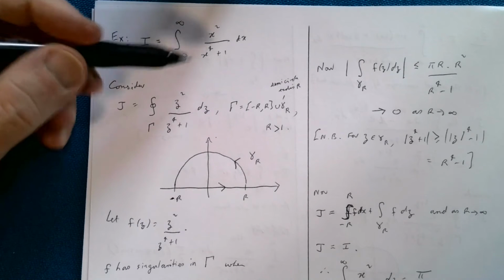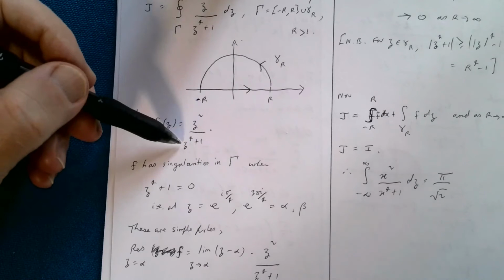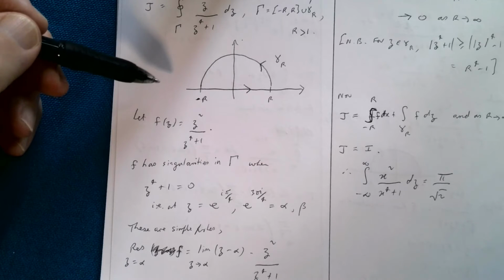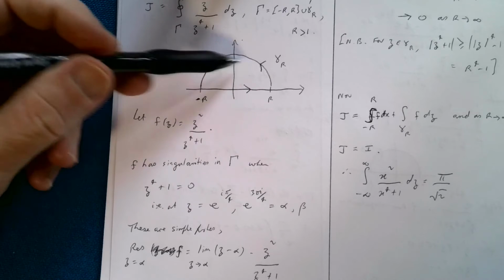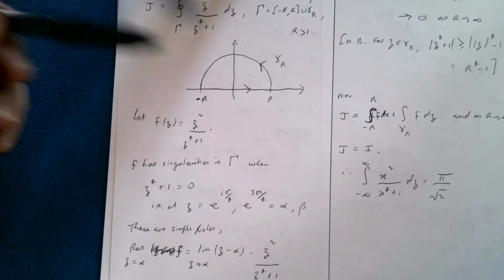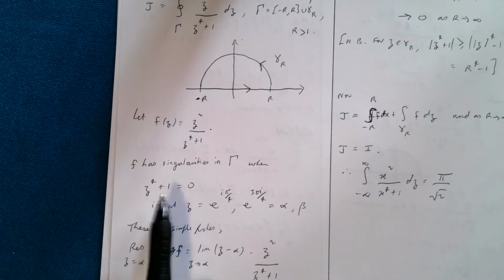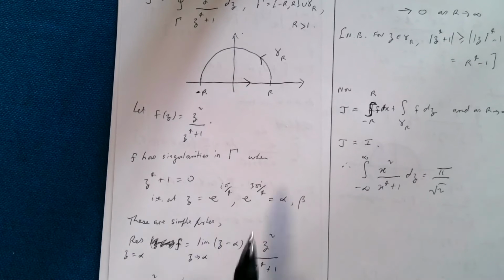So just for notation's sake, we let f of z be equal to z squared on z to the 4th plus 1. And to use our residue theory, we need to know what the singularities are inside this big contour capital gamma. And the singularities are going to occur when the denominator here is 0. And that's an easy one to solve. We get z as e to the i pi on 4 and 3 pi i on 4.